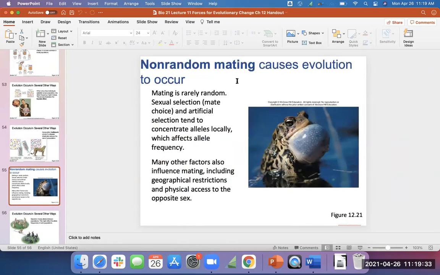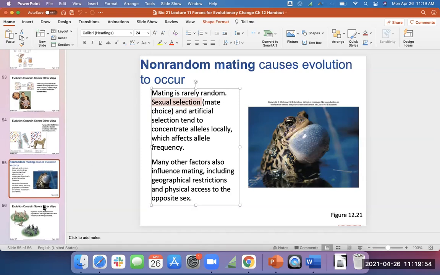Non-random mating: mating is not really random. That's known as sexual selection, and artificial selection. That's going to affect some of the allele frequencies, whatever attracts a mate, that allele is going to go higher in number, or be seen more often.